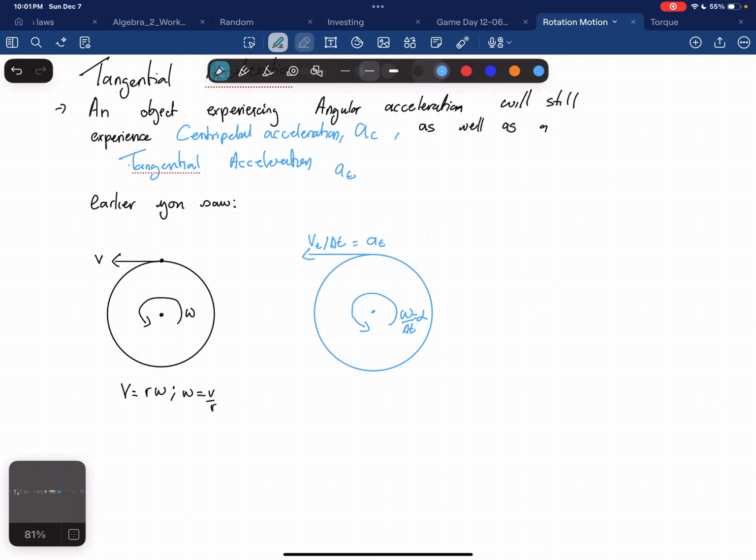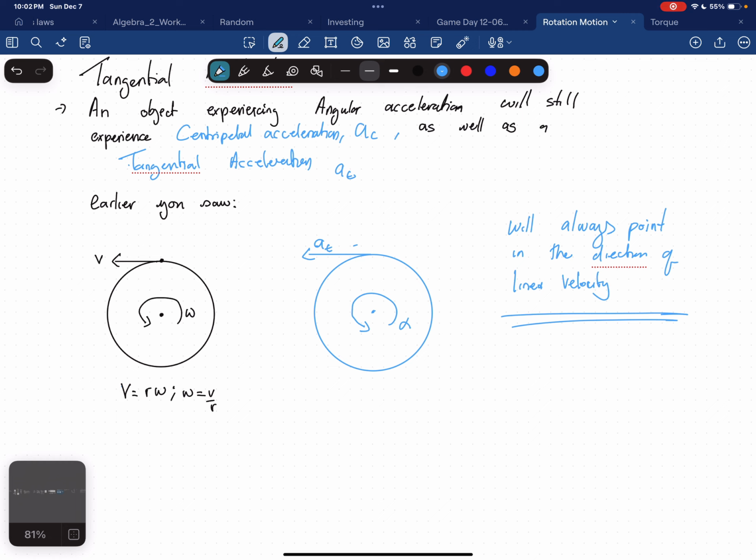So let me just wrap them quickly and then have my drawing nicely. So alpha, AT, right? My tangential acceleration will always point in the direction of linear velocity. All right, always.